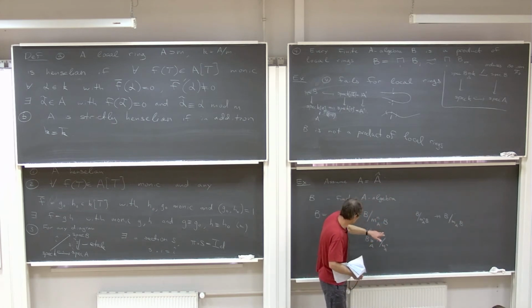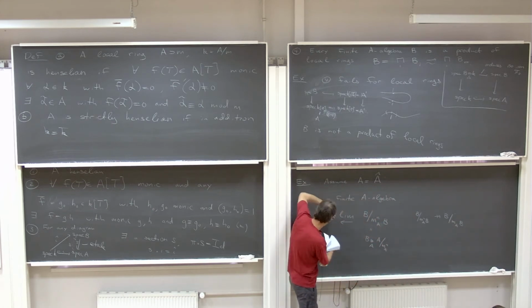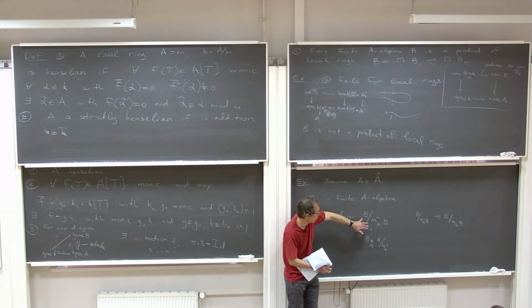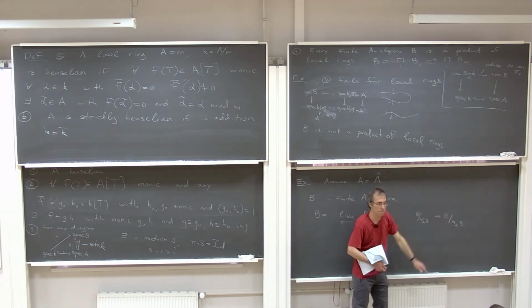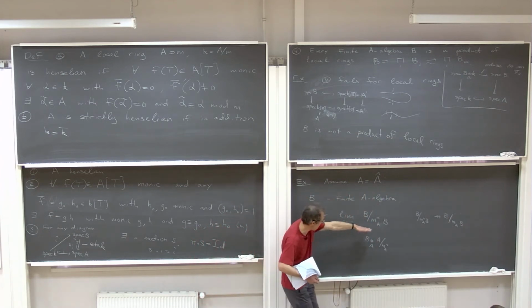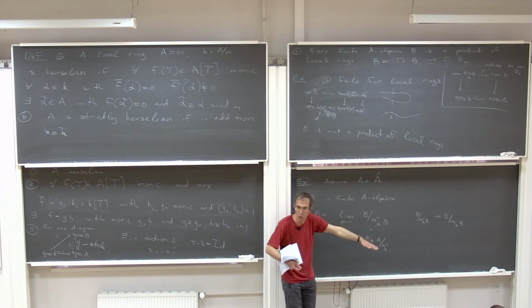So that means that idempotents in B are in one-to-one correspondence with idempotents here. So all these connecting maps induce isomorphism on the set of idempotents.